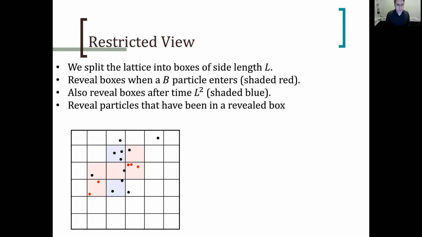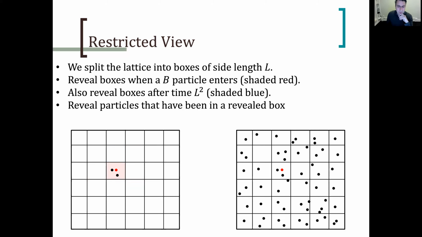But we only observe particles that have been in the colored region up to time t. The reason for that is it makes what's happening outside of this region independent, or not exactly independent, but retain some independence. The way we'll do that is when a box becomes colored, I want to have decided in advance what we're going to find there.